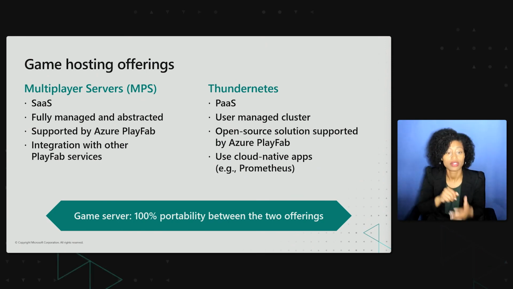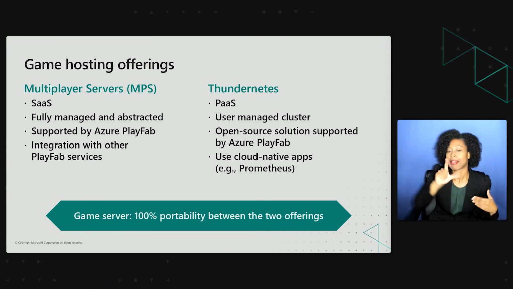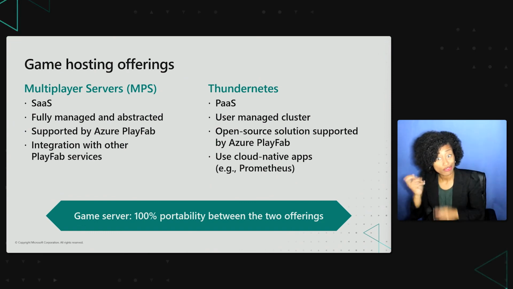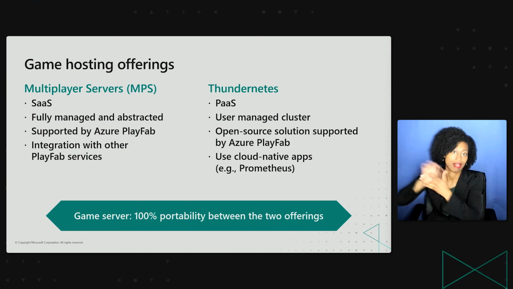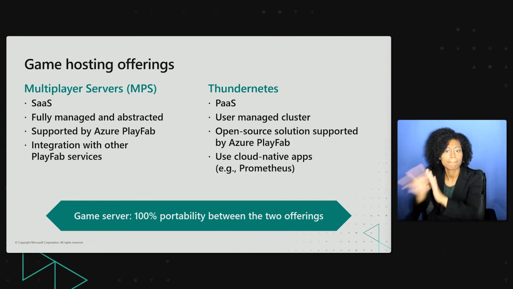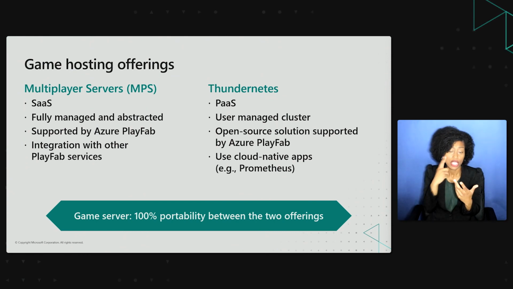For example, if you want to run your servers on MPS and have Azure PlayFab manage them 100%, use MPS. If you want to manage your own Kubernetes clusters and have cloud-native applications like Prometheus to debug and analyze them, you can use Thundernetes.